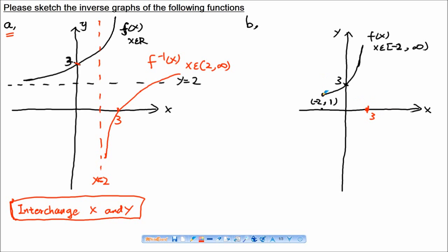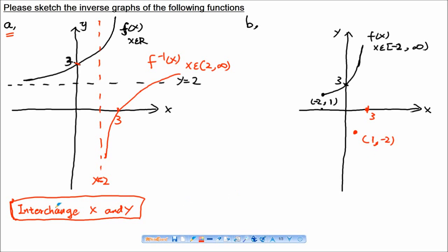And I have a point in the original graph at minus 2 and 1. So in the inverse graph, the point should be 1 and minus 2.